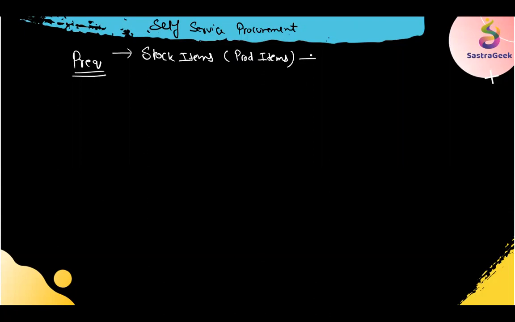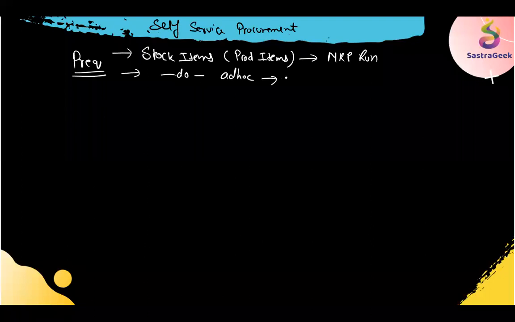Generally, these would be created through your MRP run. Some stock items you would also create a purchase requisition for on an ad hoc basis, if required. You would be creating the purchase requisition manually.